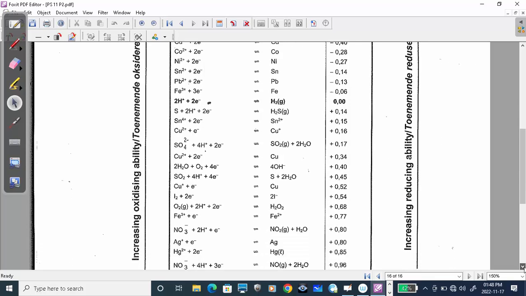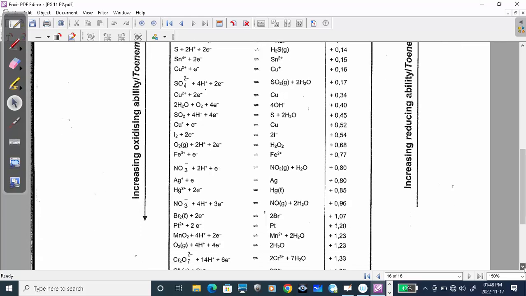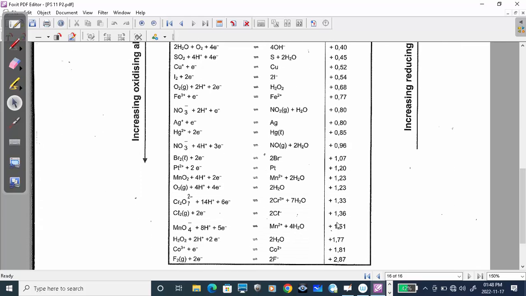Yeah, I see it here. So this is dichromate, this one here, giving me chromium. So I must write this equation. This is my reduction half equation.